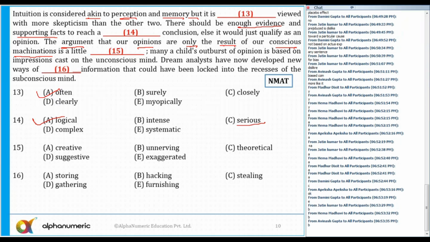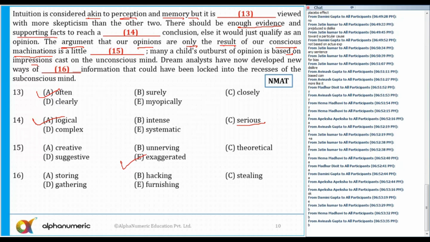Why? Because many a child's outburst of opinion is based on impressions cast on the unconscious mind. He's saying that a lot of the times you form opinions, and in your opinions, there's a role of the unconscious mind. So don't think that the opinions are only the result of your conscious machinations.